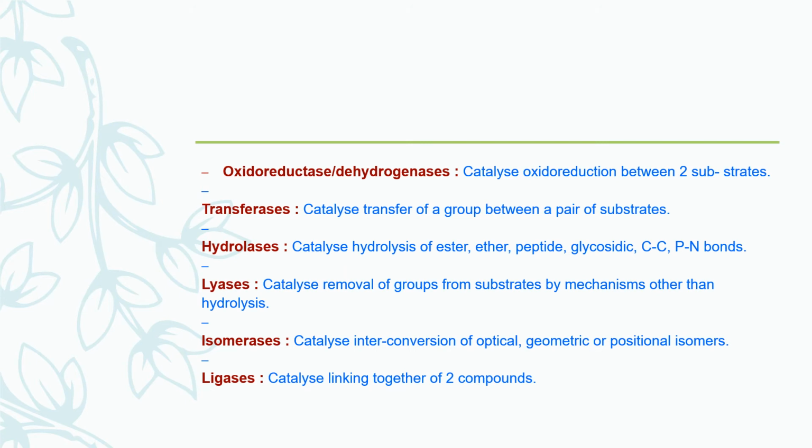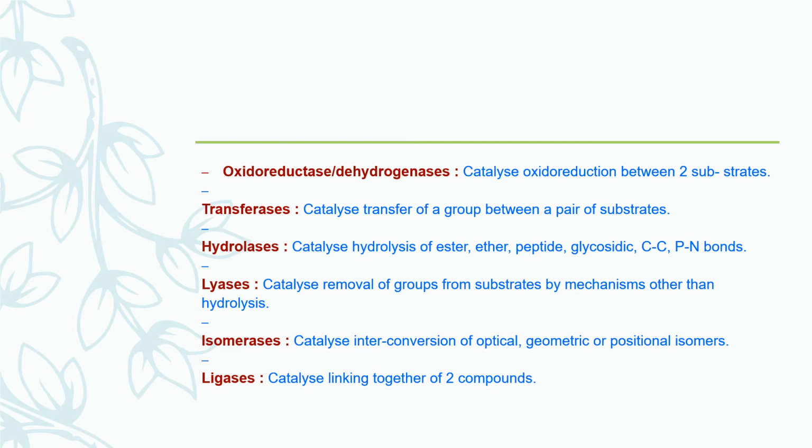Now as I told you, they are classified on the basis of the reaction they work in. Like oxidoreductase, that catalyzes oxidoreduction reaction between two substrates. In the same way transferase catalyzes transfer of a group between a pair of substrates. Hydrolases catalyze hydrolysis of ester, ether, peptide, glycosidic bonds.